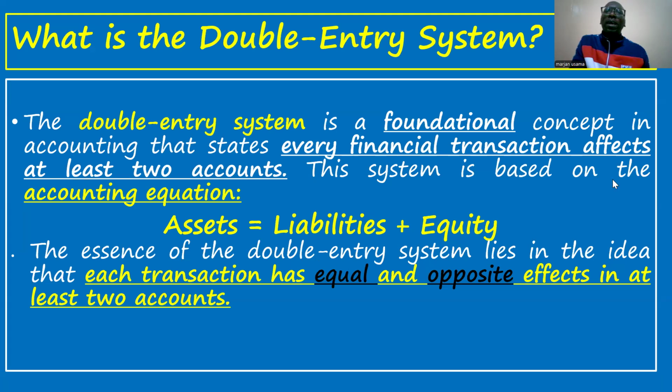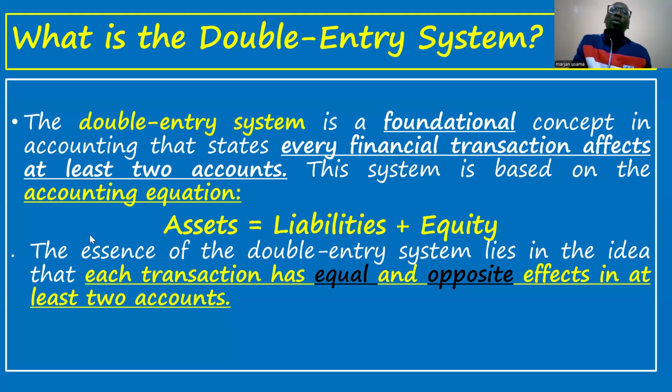So this system is based on the accounting equation, that is, assets equal liabilities plus equity. So the essence of the double entry system lies in the idea that each transaction has equal and opposite effect in at least two accounts.